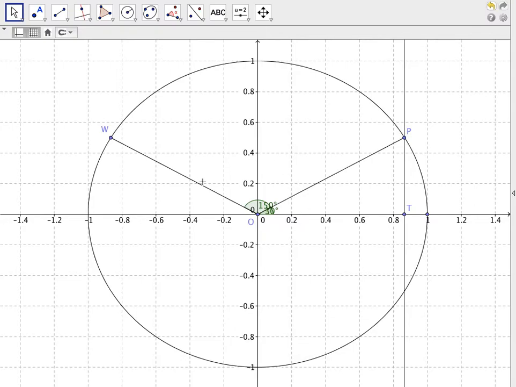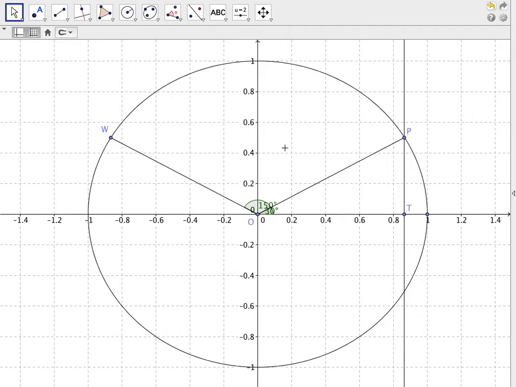At this point I'm going to have you pause the video and answer the rest of the questions. Figure out the coordinates for point W, and the exact values for sine of 150, cosine of 150, and tangent of 150.